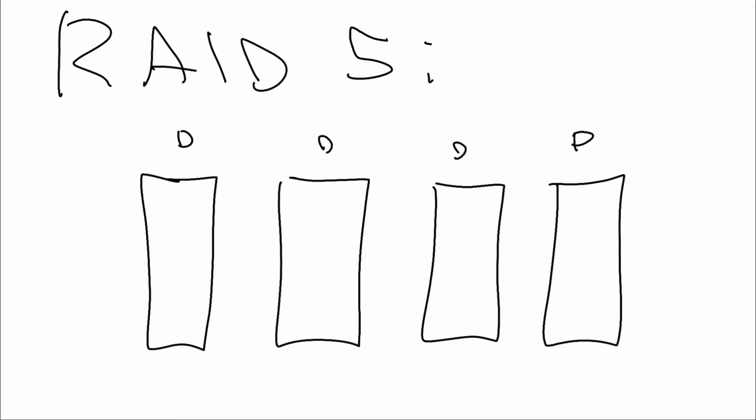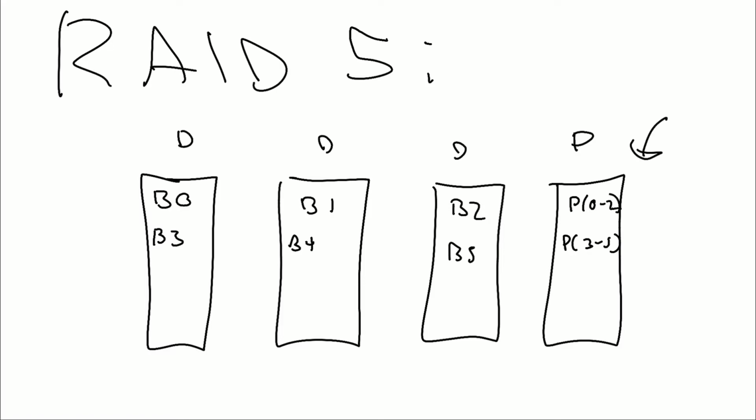And if I'm splitting it into blocks, you could think of them as strips as well. We've got block 0, block 1, block 2, and then we have the parity bits for blocks 0 to 2, okay? And then we have block 3, block 4, block 5, and parity bits for 3 to 5. This would be RAID 4, okay? And the problem here is the bottleneck of computing that.